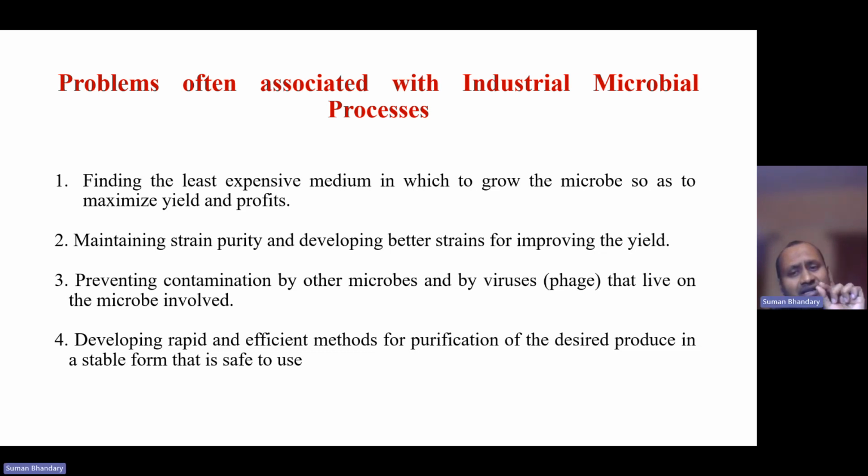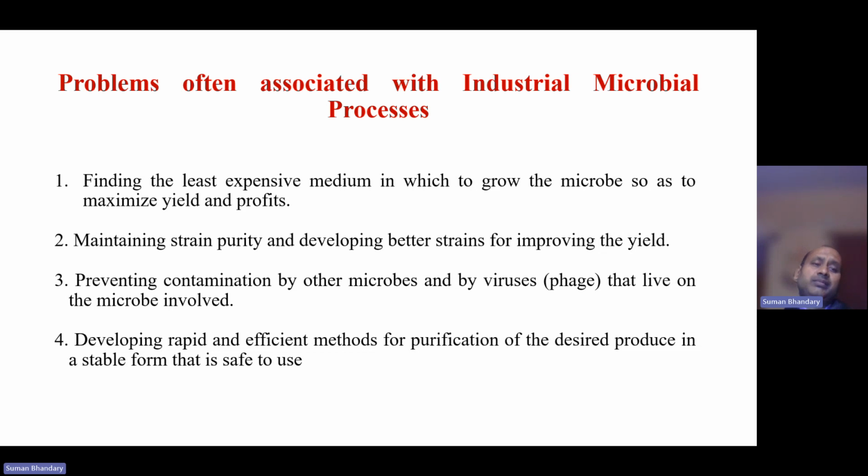Now, a single mutation may decrease the yield by a significant percentage or result in undesirable substances being produced. So the industrial research laboratories are constantly seeking better strains for the production of their product and for better yield.